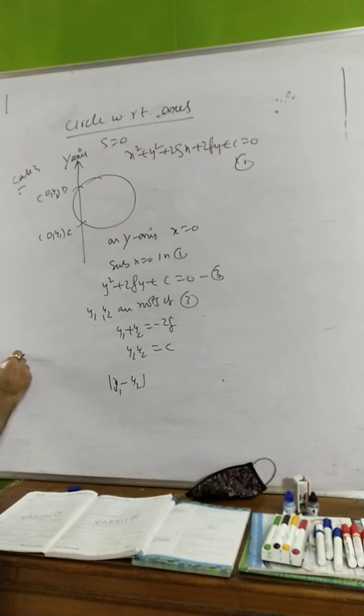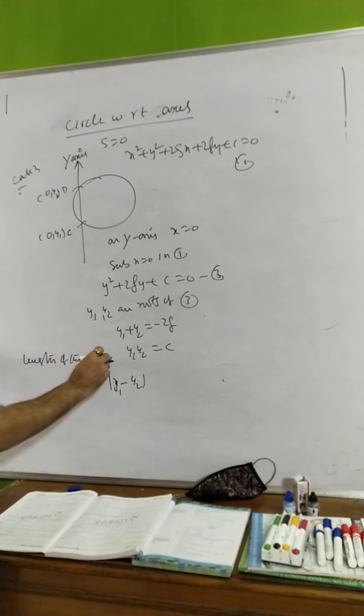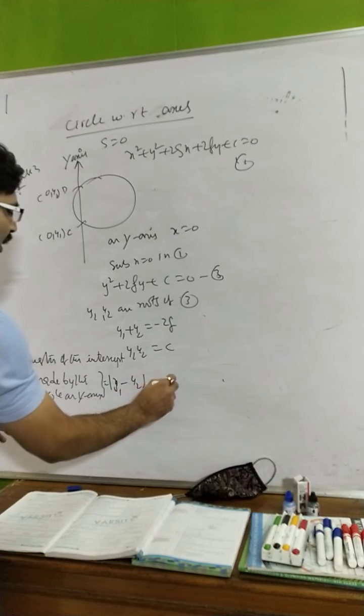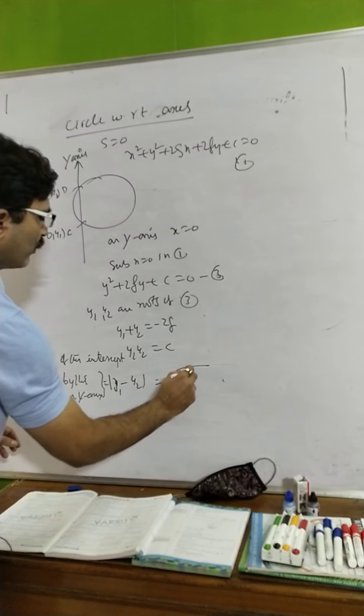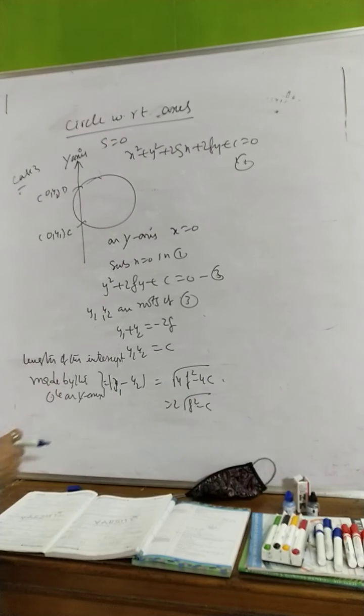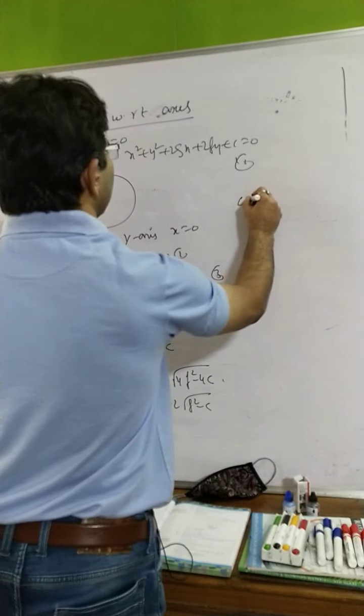You can write like this: length of the intercept made by the circle on the y-axis is this one. So what we are getting here now, root of 4f square minus 4c, or 2 root of f square minus c. We got it.